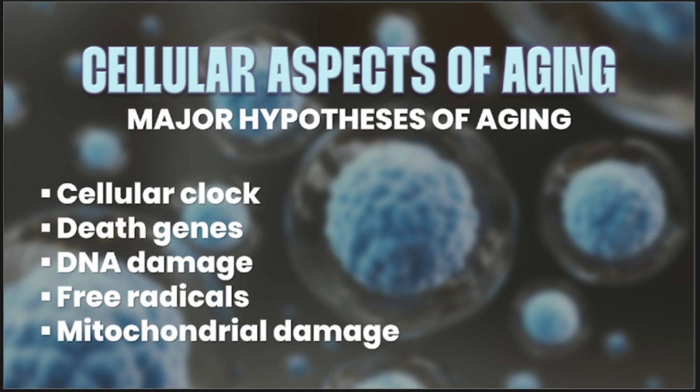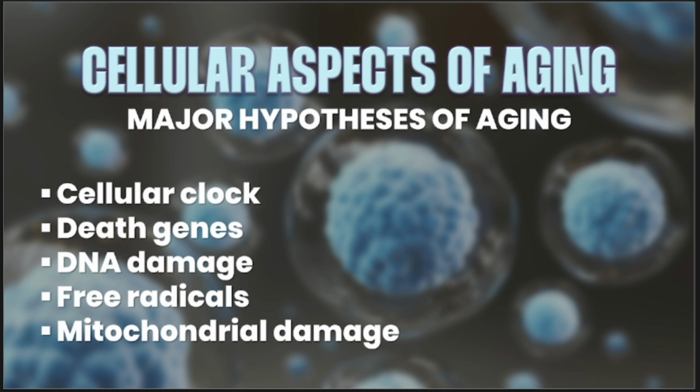We also have your free radicals. It's been proposed that damage is caused by free radicals. What are free radicals? These are unstable molecules that can cause severe damage to cellular components. This contributes as well to aging and degenerative diseases.